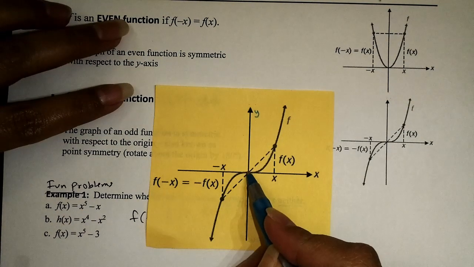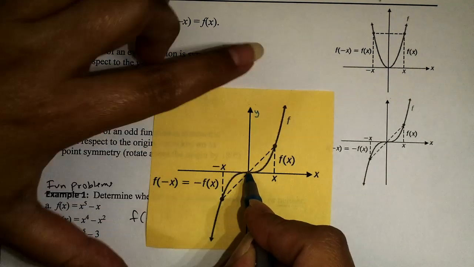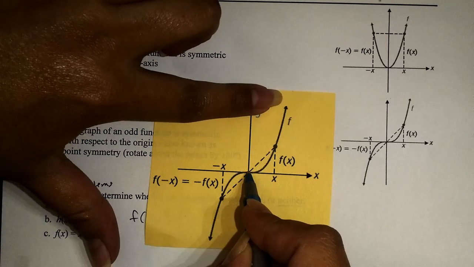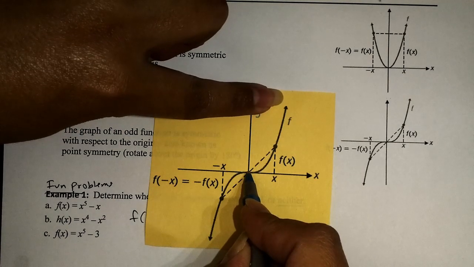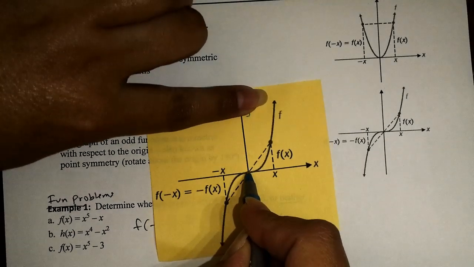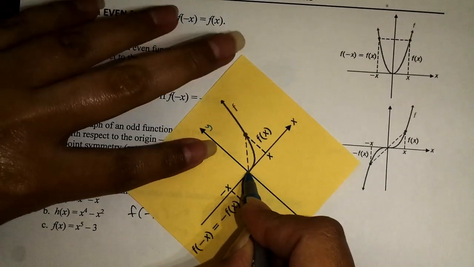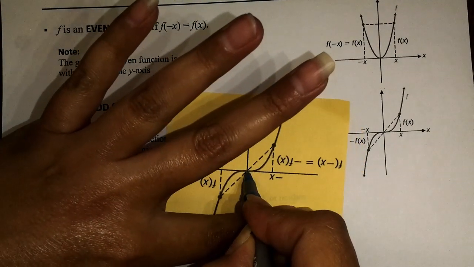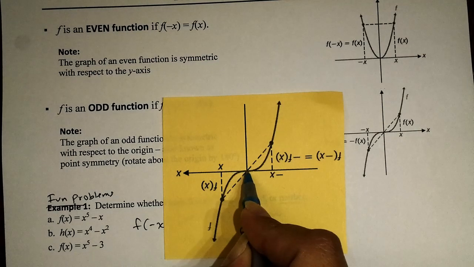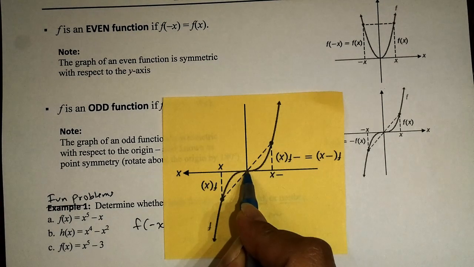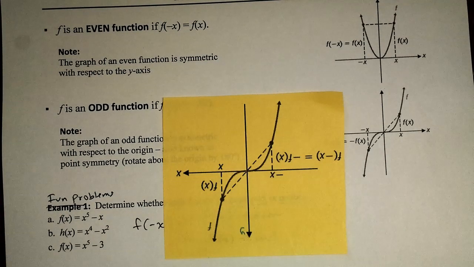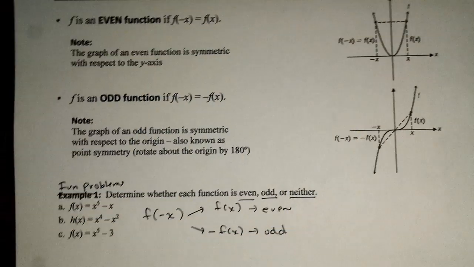So let me put my finger here about the origin. I should rotate 180, and if the book didn't lie to me, I should get back my original graph. Oops, this thing is moving. And just like that, we get back our original graph. Okay, that was a lot of wording. Let's go straight to fun problem 1.